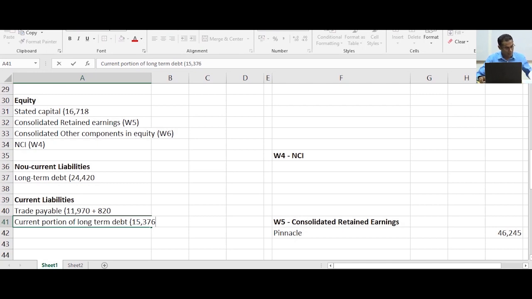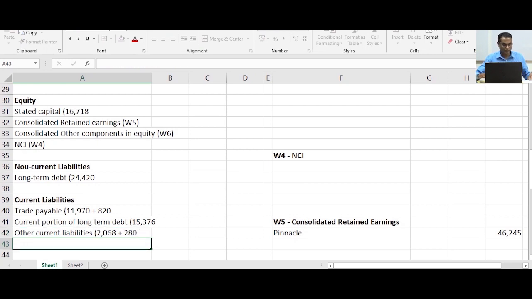Again, TEAC subsidiary doesn't have any current portion of long term debt. Finally, other current liabilities. Pinnacle is having a balance of 2,068 and subsidiary TEAC is having other current liabilities of 280. Line by line addition. Okay, right.